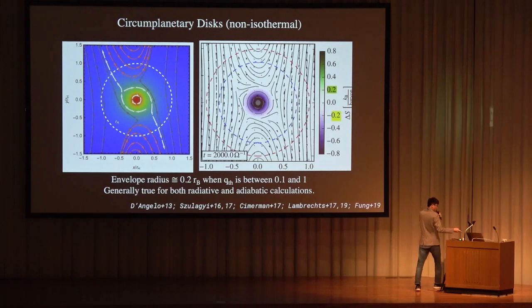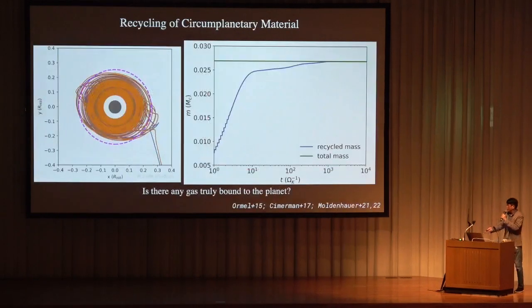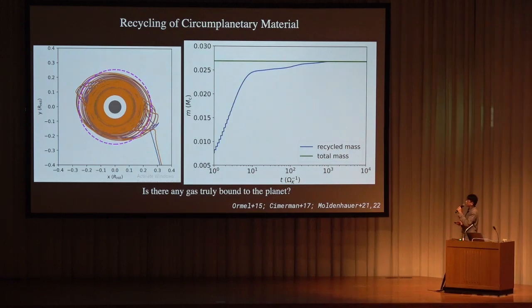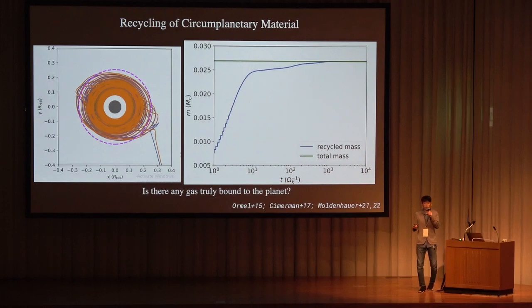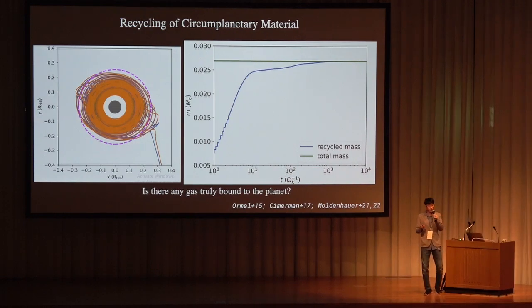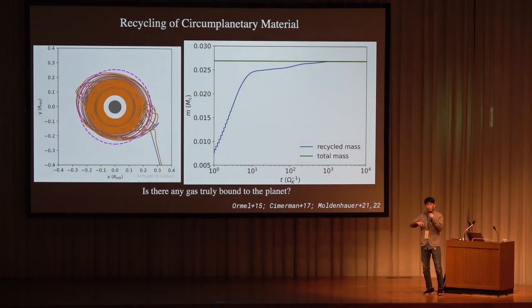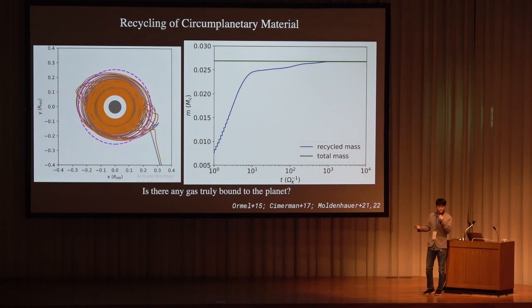Because there's been a body of literature showing that if you take a gas parcel very close to the planet, deep inside that envelope, and you just wait, as it turns out, that parcel of gas will eventually circulate all the way back out beyond the Bondi radius, beyond the Hill radius, and all the way back out into the protoplanetary disk.